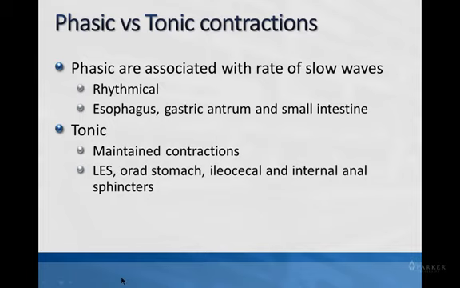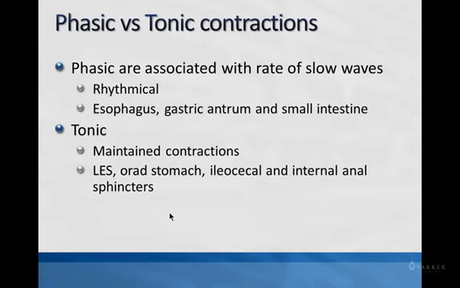The tonic contractions are sustained contractions. They can maintain force for prolonged periods of time with little energy utilization. That brings me to another review of smooth muscle. Smooth muscle has this ability to maintain force for very prolonged periods of time with little energy expenditure.